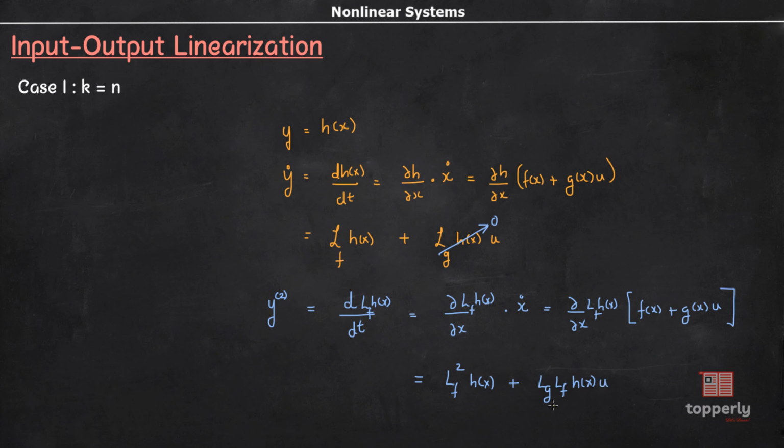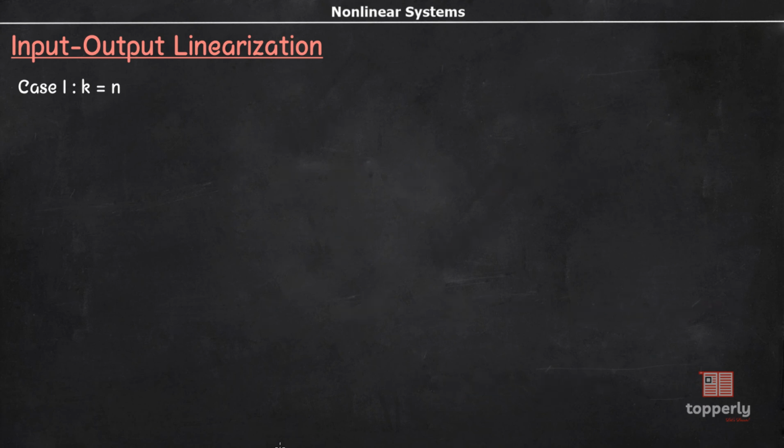Again, by the previous logic, this term has to be 0. Similarly, if we go on, at the kth derivative we have Lf k of h of x plus Lg Lf k minus 1 of h of x into u.